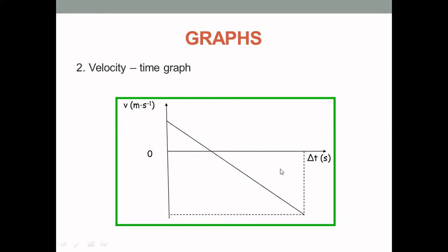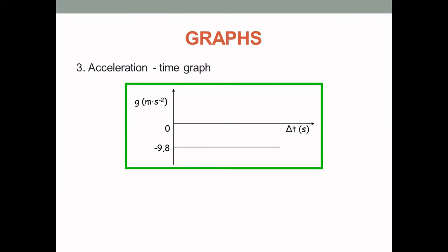As you can see, the area here is negative. The negative area is bigger than the positive area, simply because the object covers more distance when it falls than when it rises up. So remember, the area represents the displacement covered by the object.